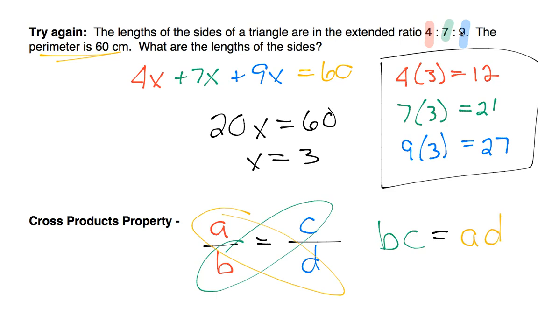Now, a couple of things, I don't want you to overcomplicate it. It doesn't matter which direction I do first. It doesn't matter if the yellow was over here and the green was over here.